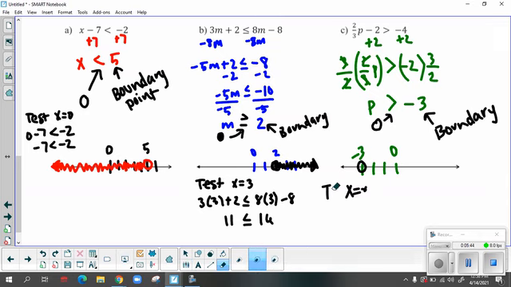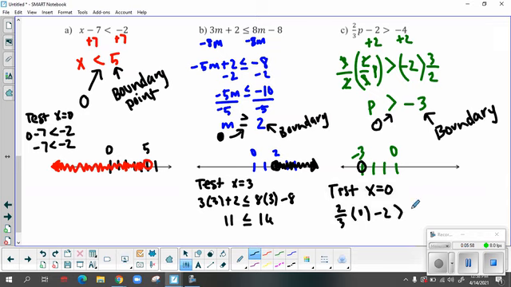Oh, I can't read that very well. Test x equals 0. So in the original, we'll have 2/3 times 0 minus 2 is greater than negative 4. Negative 2 is greater than negative 4, and that is true. So we are going to shade over the answer that gave us a true inequality.